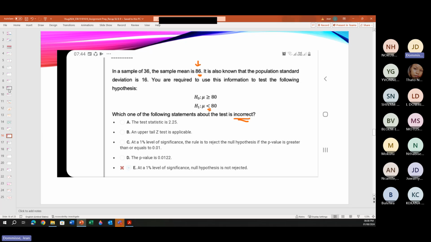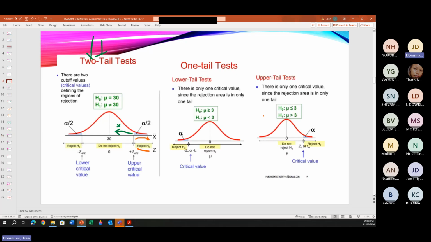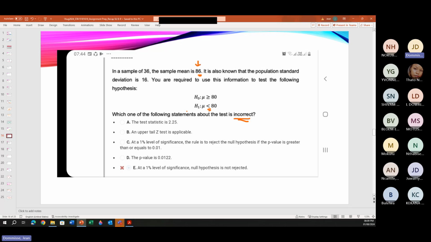If we see it's smaller, it's a lower tail test, not upper. So this one was actually very easy to say, well, the incorrect one is an upper tail test is applicable, because it's not, it's a lower tail. Okay, smaller than is lower tail. If the alternative was bigger than, then it was an upper tail. So it should have been lower tail, so that's wrong, one that is wrong.